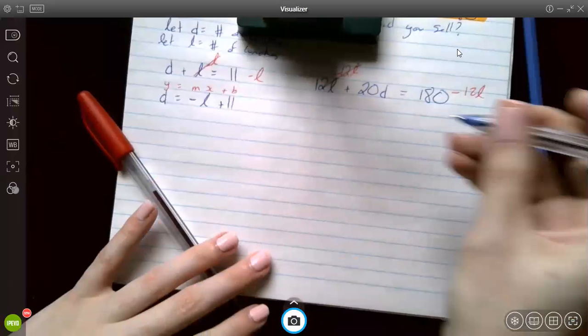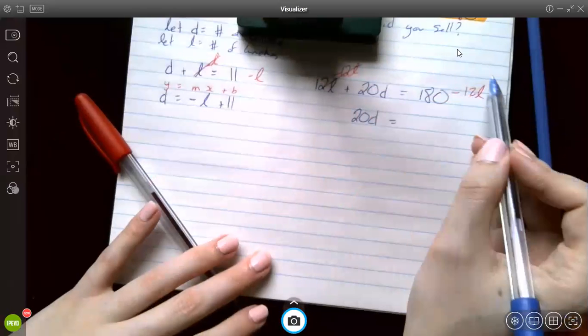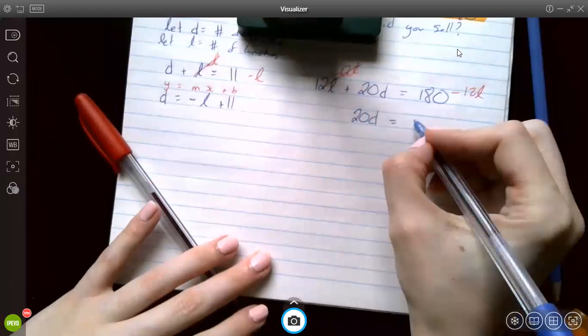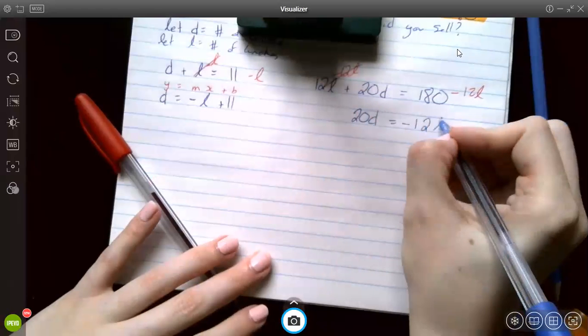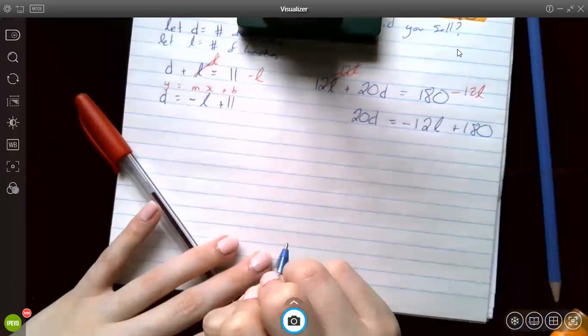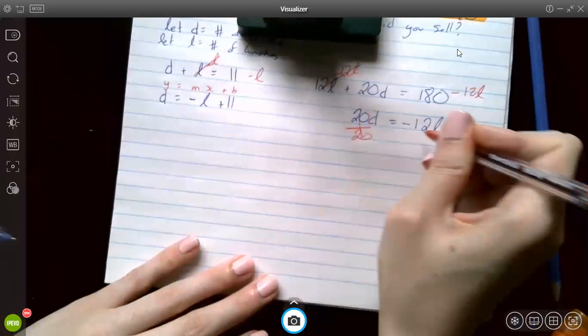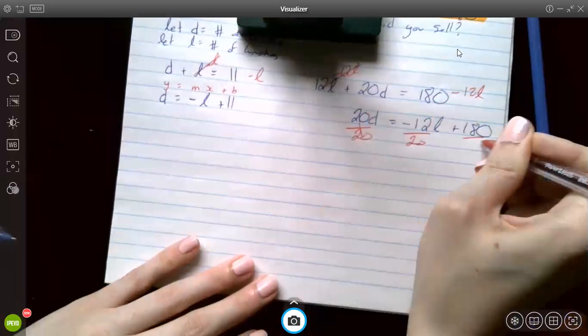Which leaves me with 20d. And then once again, I'm going to rearrange these so that I have my mx plus b form. And then I need to divide everything by 20 to get the d by itself.